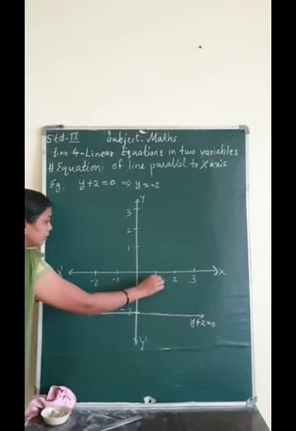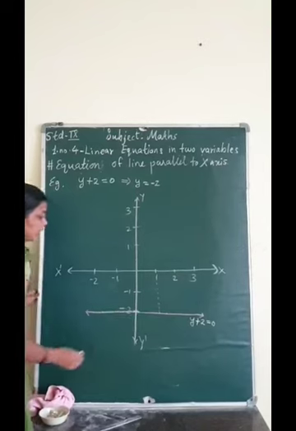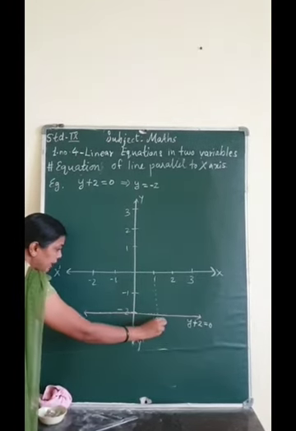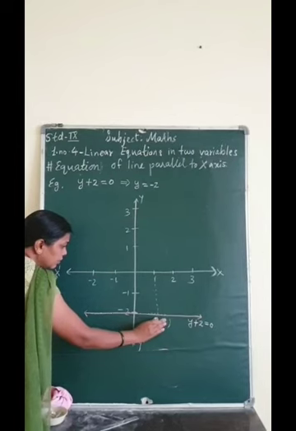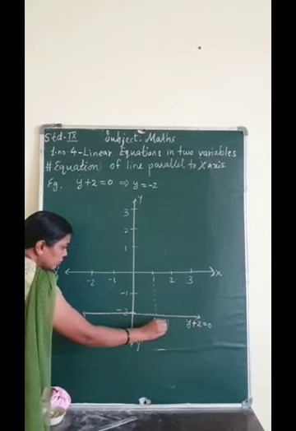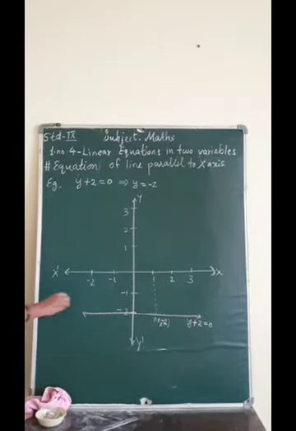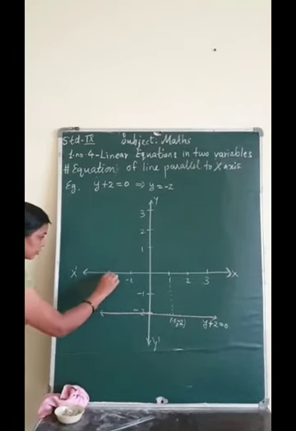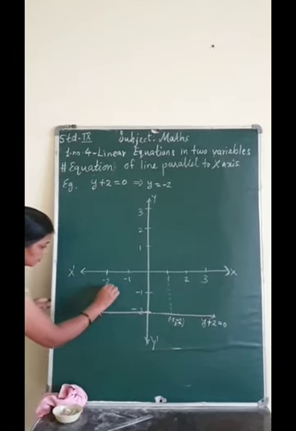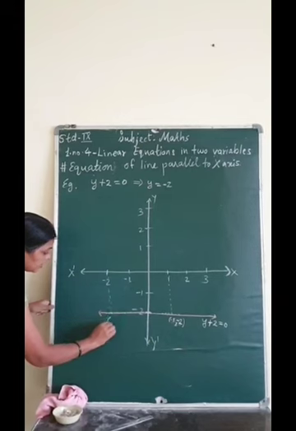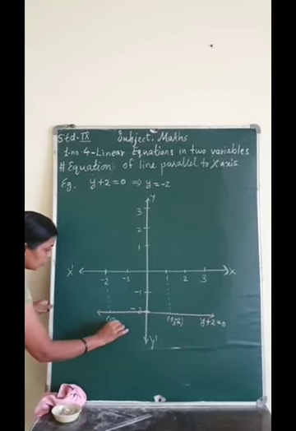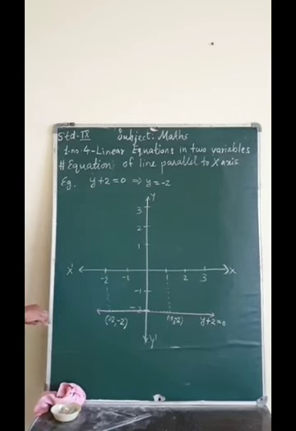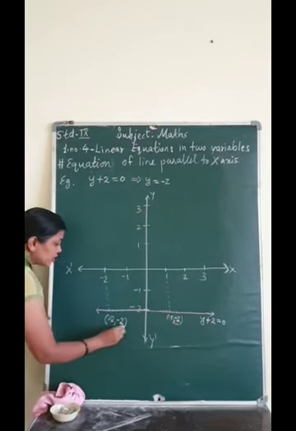For example, if we take this point, it is 1, minus 2. This point is minus 2, minus 2, where this minus 2 is fixed.